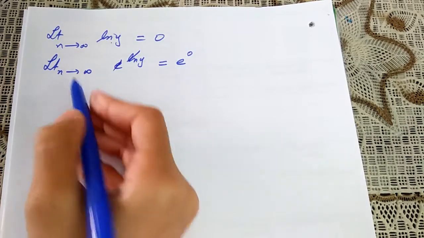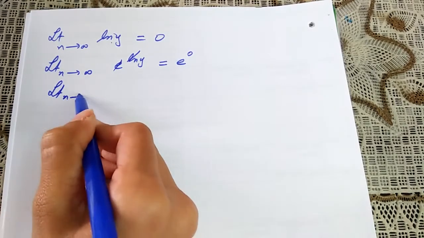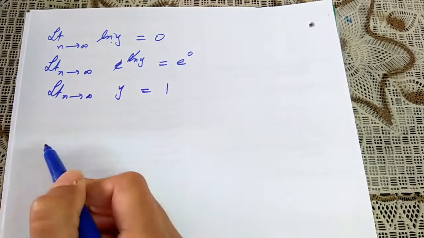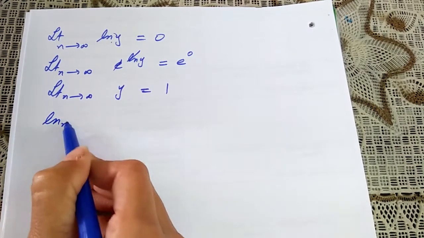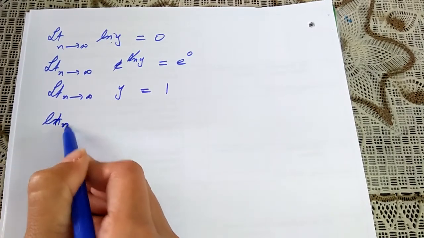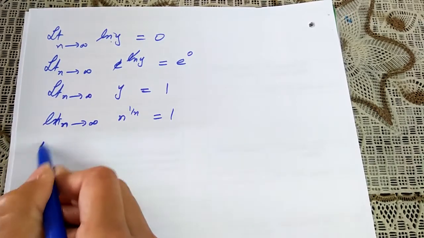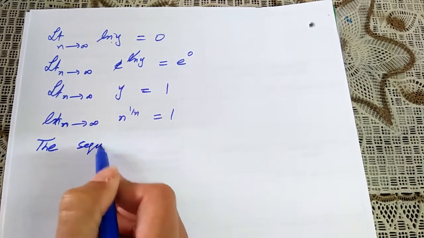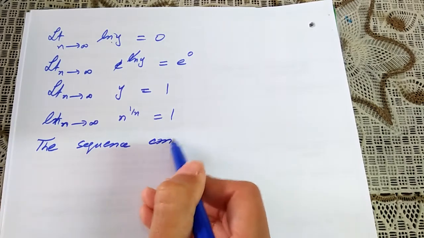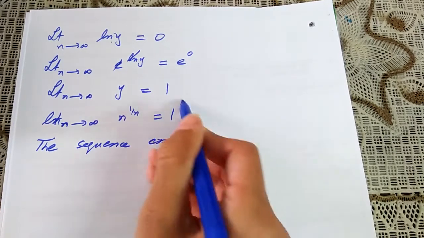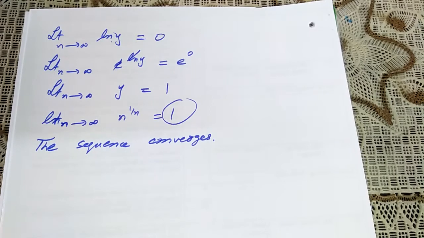This can be cancelled and we get limit n approaches infinity of y equals 1. And this y was n raised to power 1 over n, so its limit equals 1. So the sequence converges and the answer of this limit is 1.